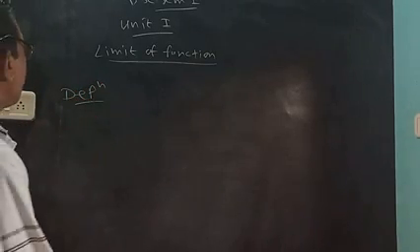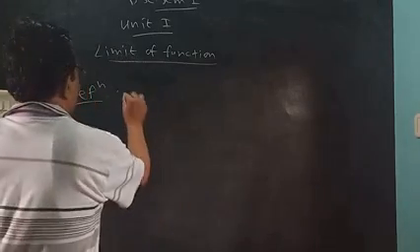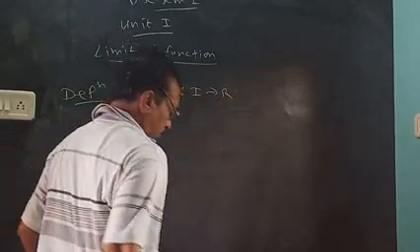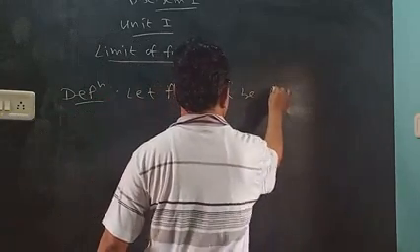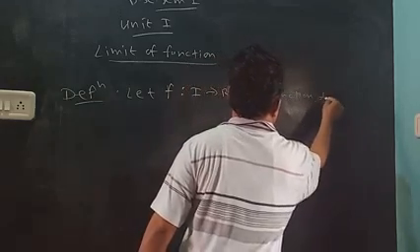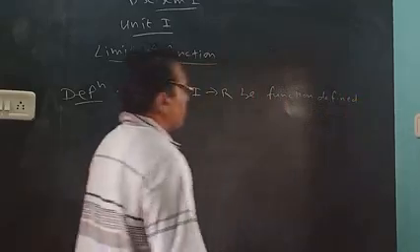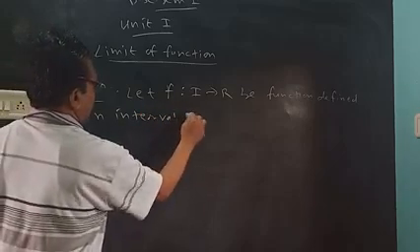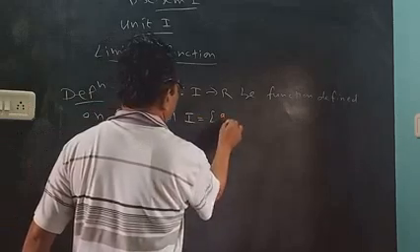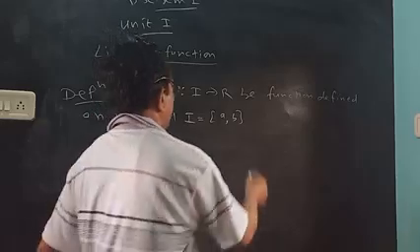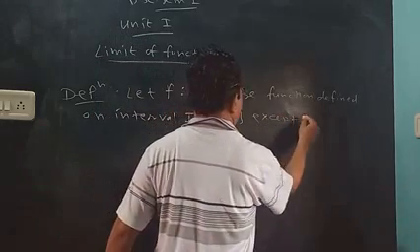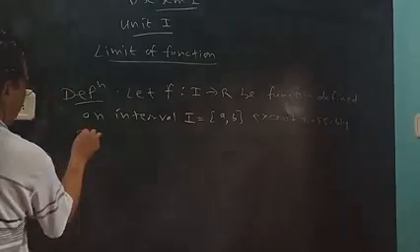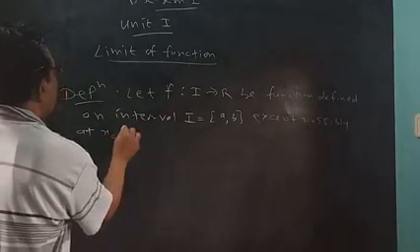Okay, limit of the function, one variable. So let f be a function defined from I to R, defined on interval I. Suppose say this closed interval AB, except possibly at x0, any point of the interval AB.